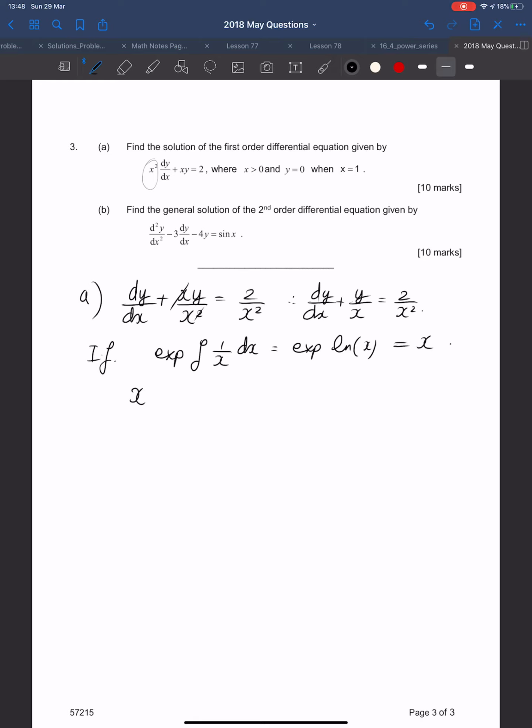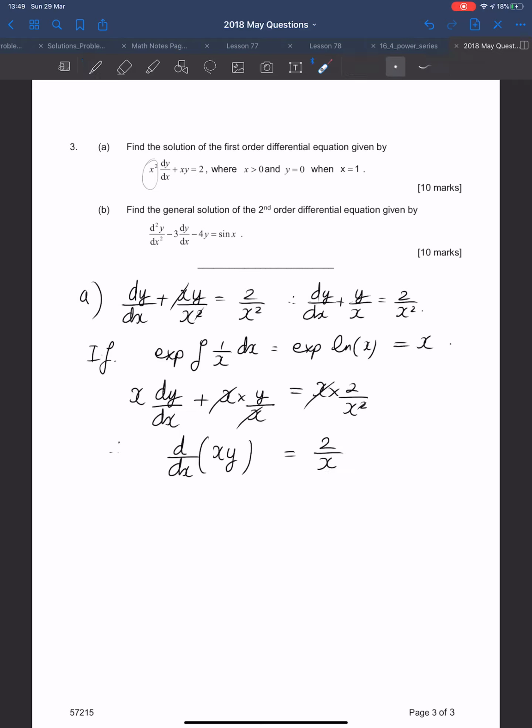So then you multiply the whole of the differential equation by the integrating factor, which in this case is x. So we've got x dy by dx plus x times y divided by x equals x times 2 over x squared. They cancel, and that cancels with that to make it 1. Now the left hand side, if you're brave you can go straight to write this down, which I probably would in an exam, but if you write it this way you've got a way to check.